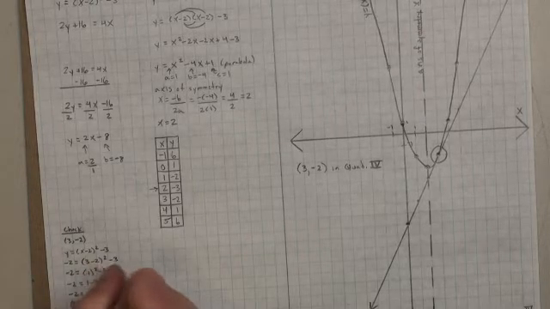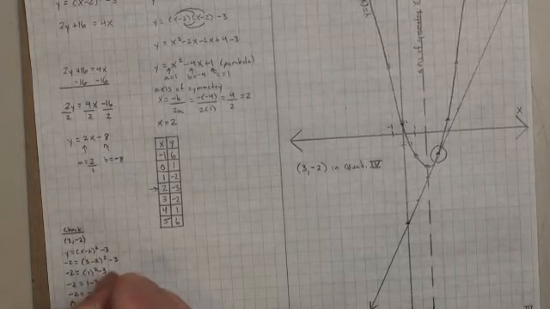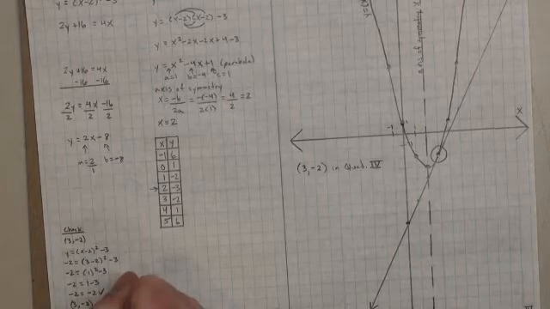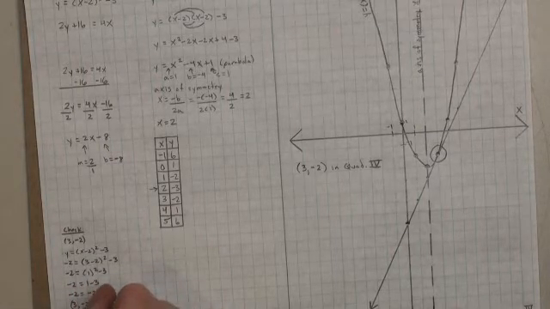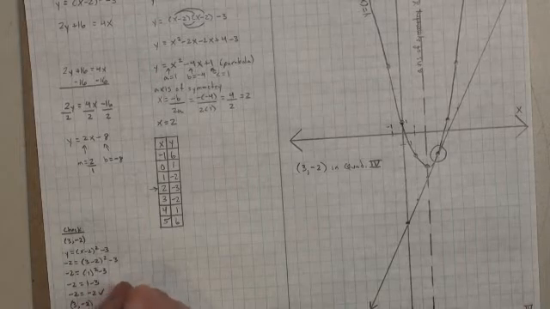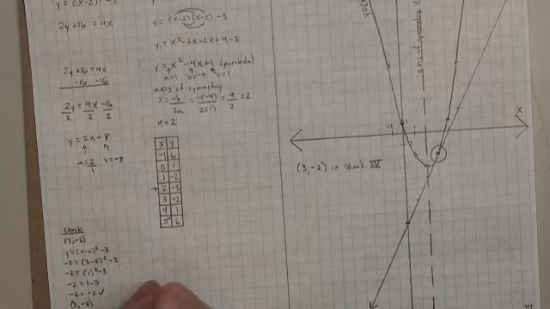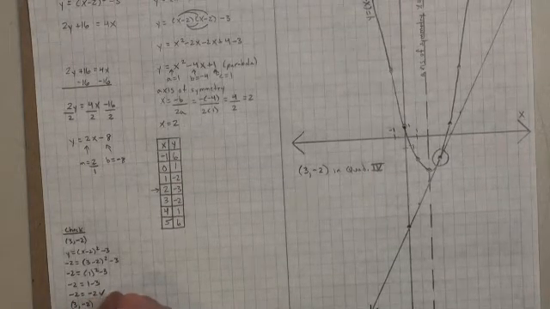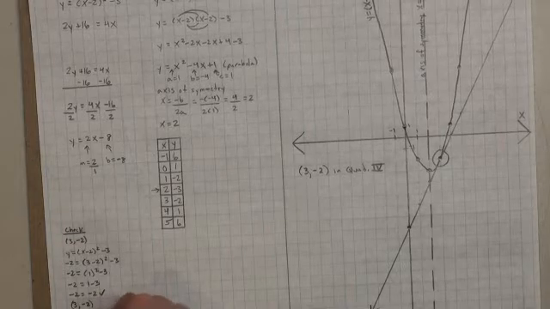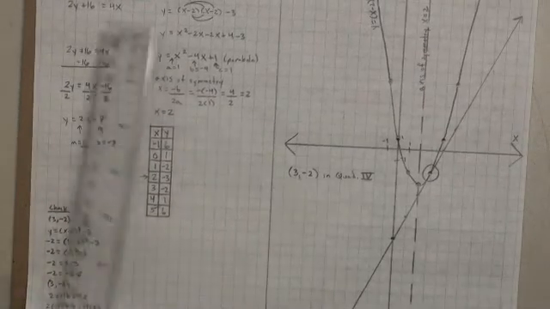Alright, and I'm going to do the next one right under it. 3 comma negative 2. And I'm checking it in 2y plus 16 equals 4x. 2 times negative 2 plus 16 equals 4 times 3. 2 times negative 2 is negative 4, and negative 4 plus 16 is 12, and 4 times 3 is 12, so it checks.